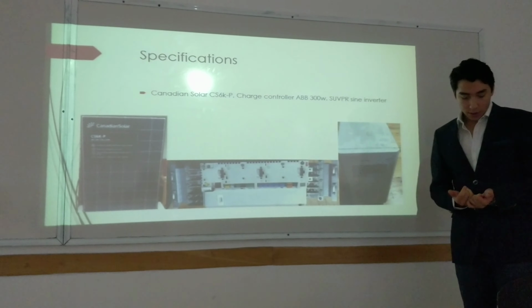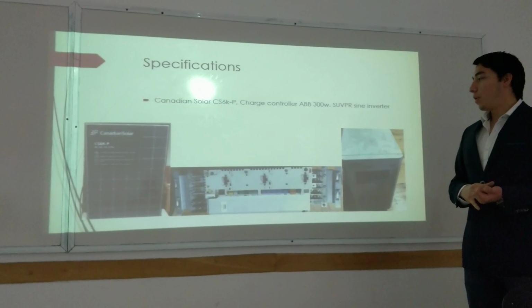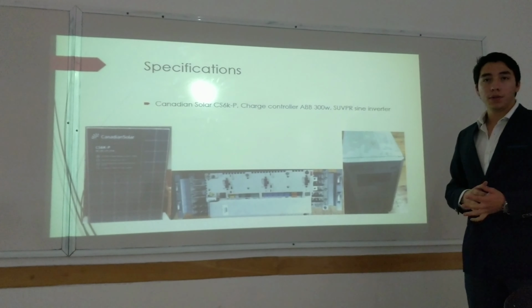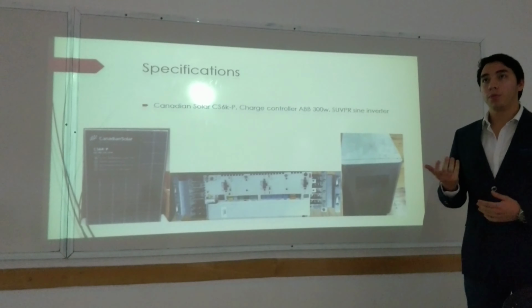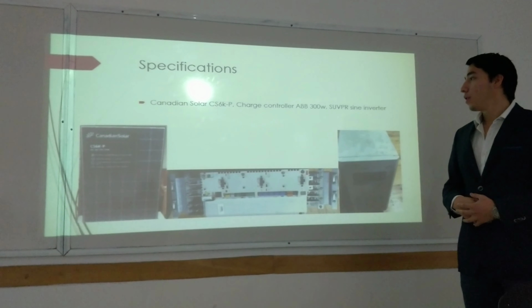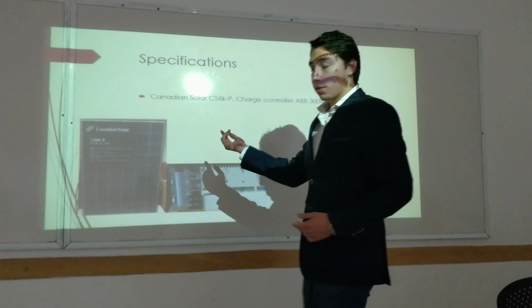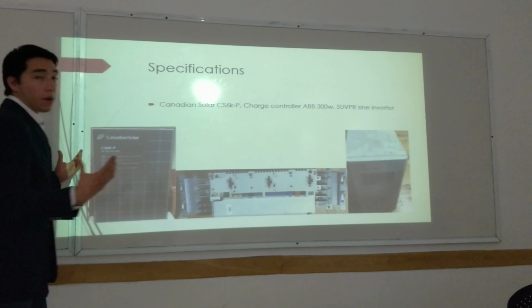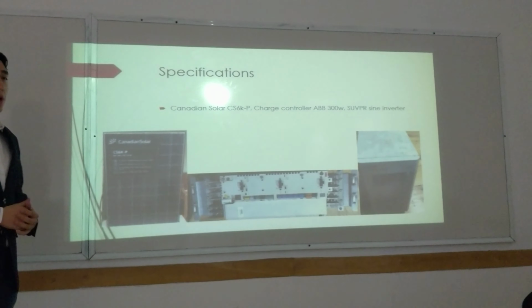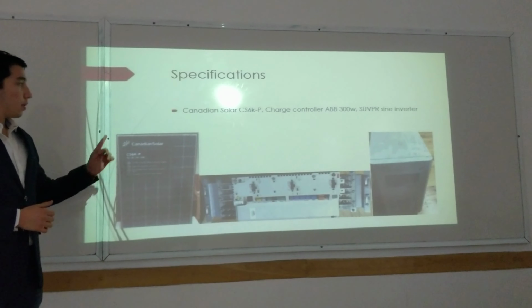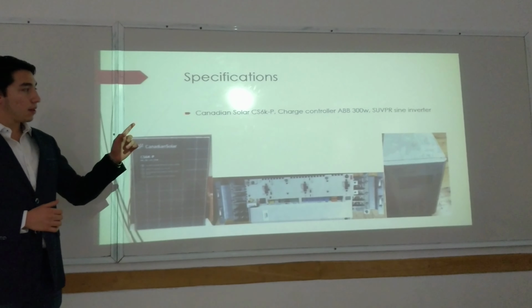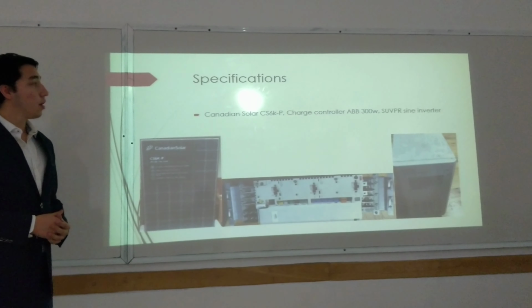Specifications, all right. So for my project, I had to use devices that were provided for me, as I said earlier. I used a Canadian solar panel. It was a really big one, about 250 watts of power. It's Canadian Solar CS6KP.